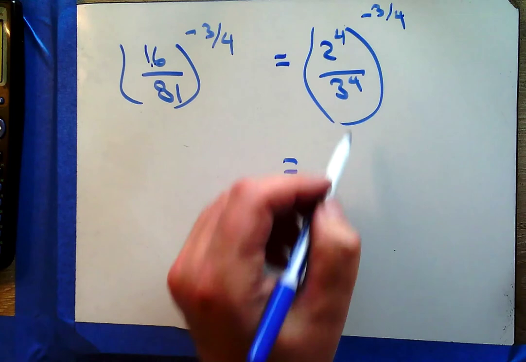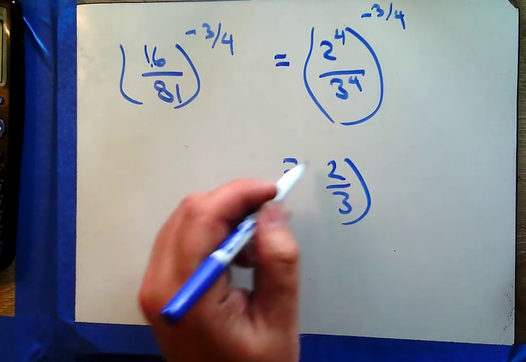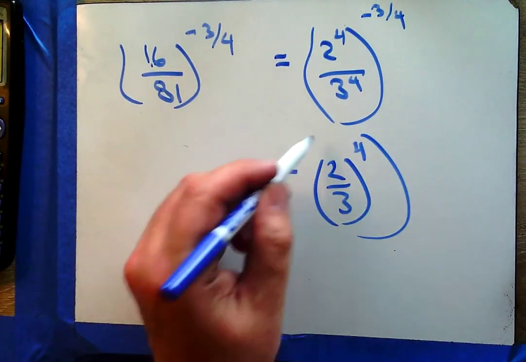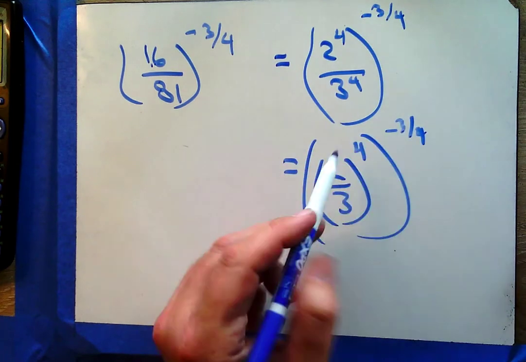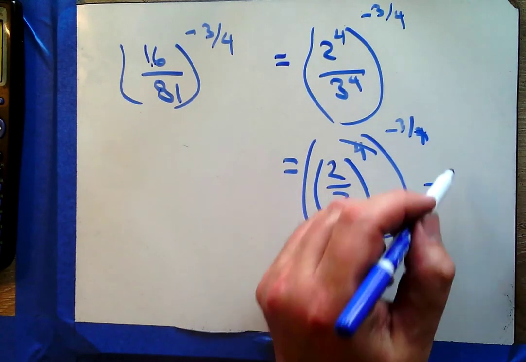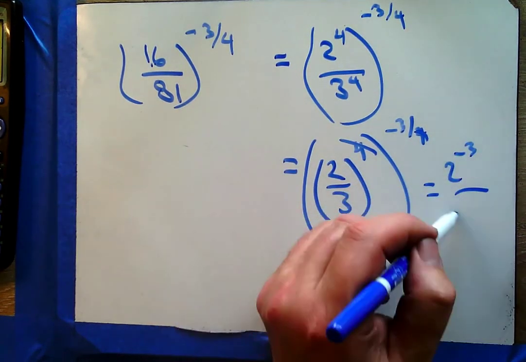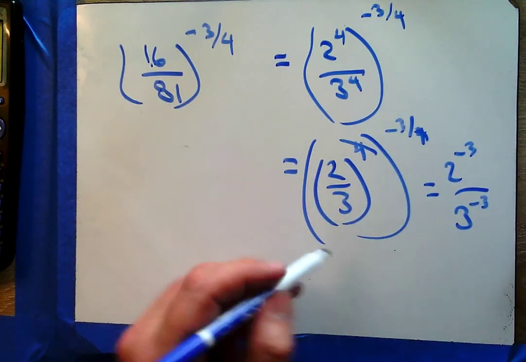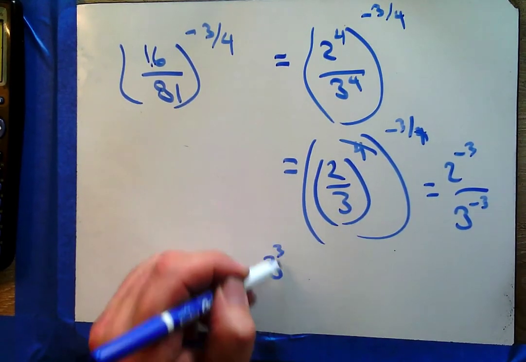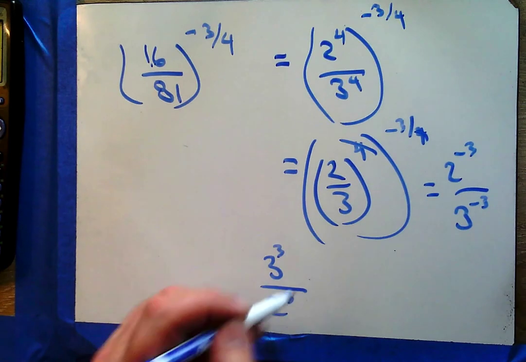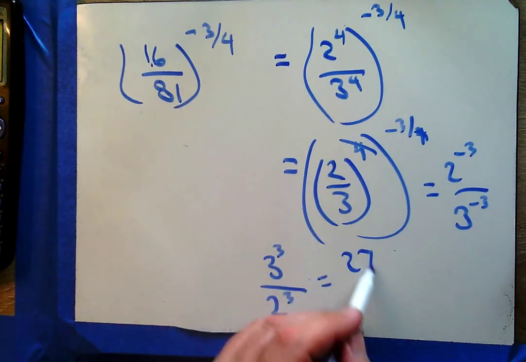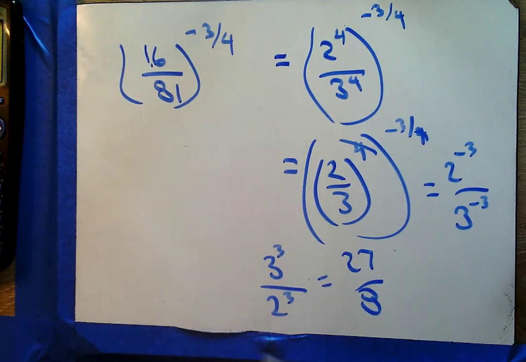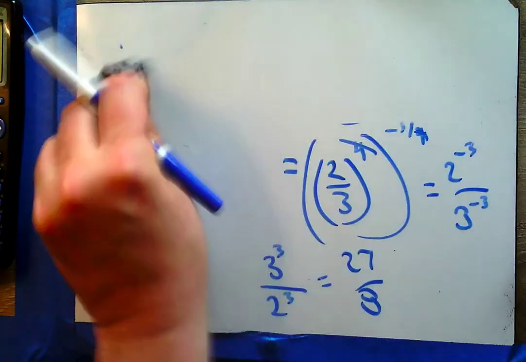You know, in a problem like this, you might want to do that, because then these will cancel. You have 2 to the negative 3 over 3 to the negative 3, or, as many of you prefer, with positive exponents, 27 over 8. Okay, that was round 4.